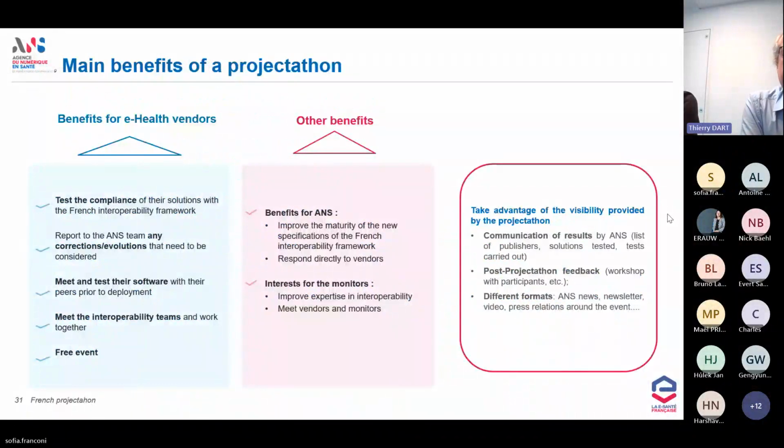What are the benefits for vendors of a projectathon? For vendors is to test the compliance of the system. Is also to report to us any correction or evolution in our specification, and that's very important for us to have a feedback from the vendors, from the developers.